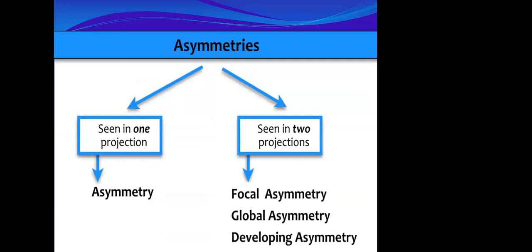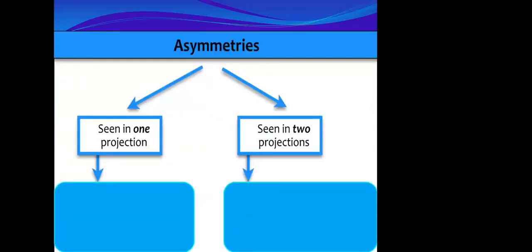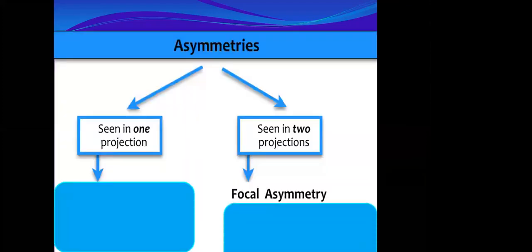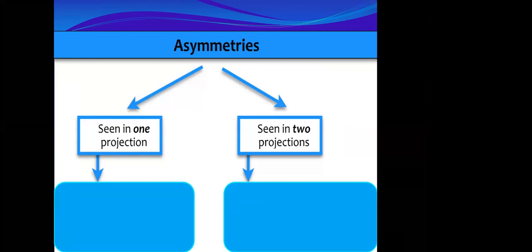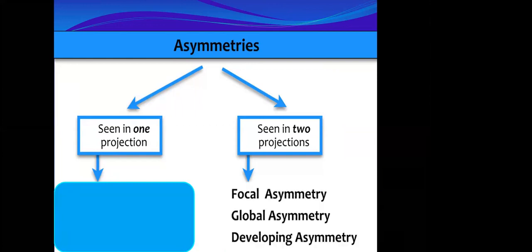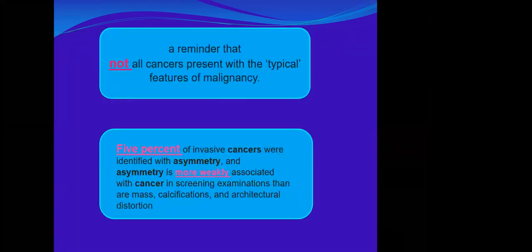And yes, asymmetries, if seen in one projection, it will be an asymmetry. And if it is seen in two projections, it will be focal asymmetry, global asymmetry, or developing asymmetry.